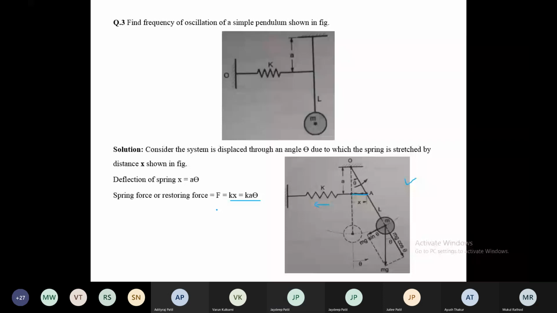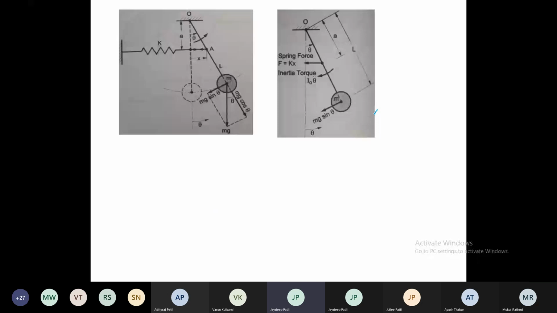Okay, हो गया रजत? Okay, now there is no need to draw this figure.